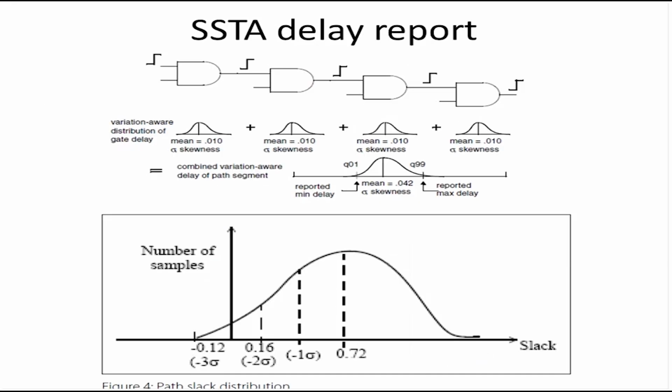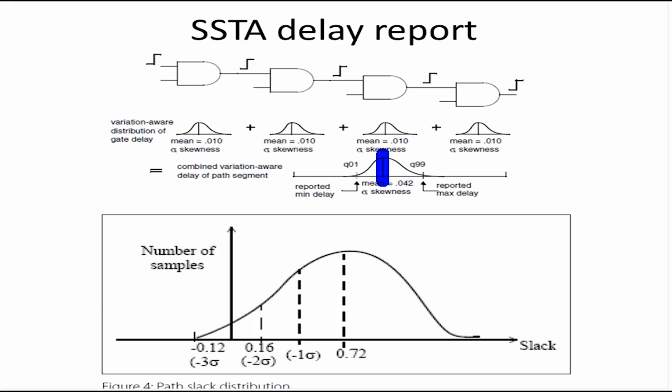So a delay report for SSTA will look something like this. For every gate, it will have a mean and a sigma value, and combined it will give you a path delay. This is the path delay. So it will give again a mean and a sigma value, and it will give some kind of a graph like this, where the slack curve is again a normal distribution, and you say that okay, at -3 sigma the slack is -0.12.